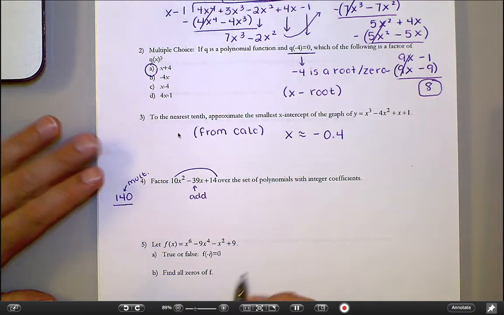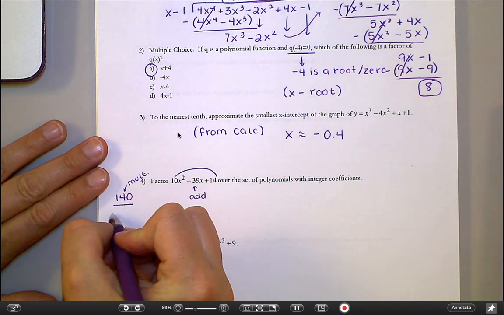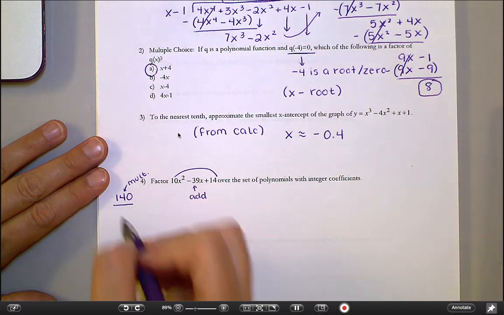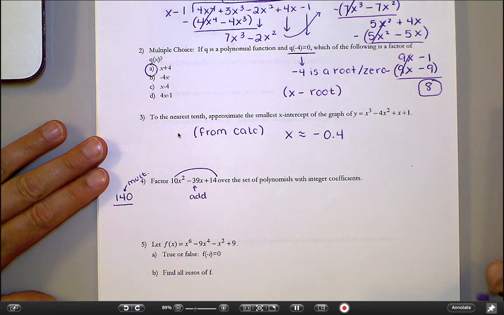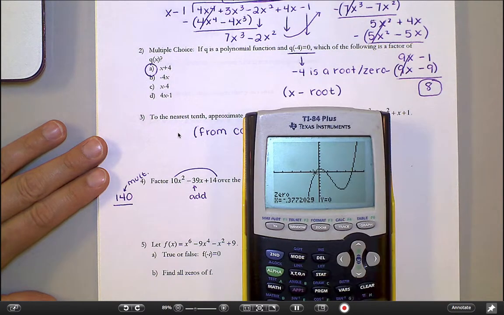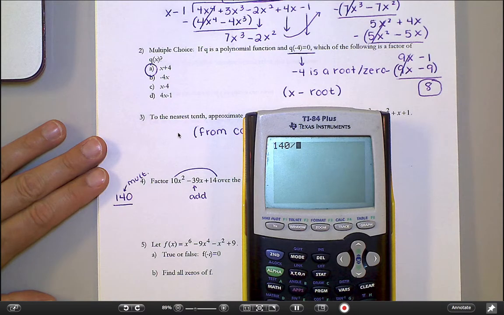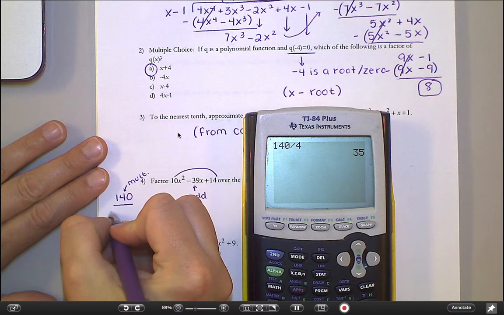And I believe we came up with, if you go through all your ways to multiply to 140, this is equal to 5 and 34. Let's see. Oh, I'm sorry, 4 and 35.